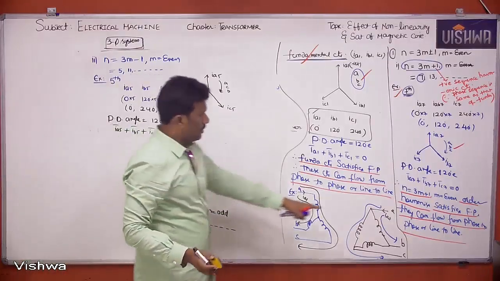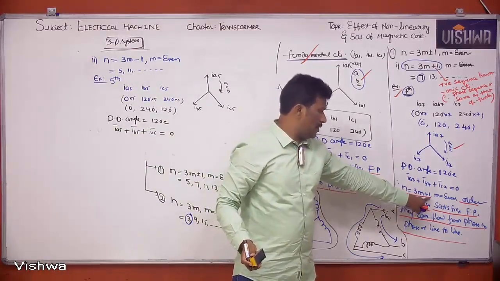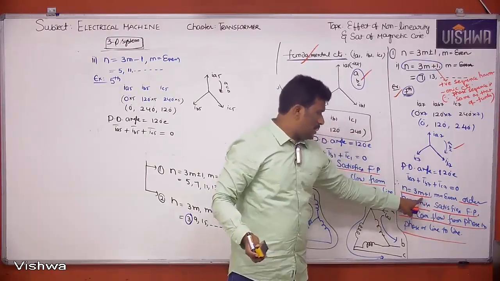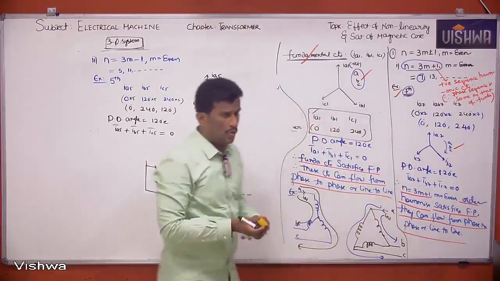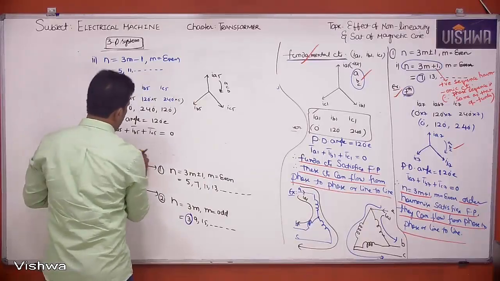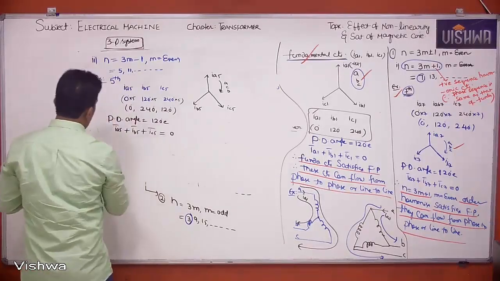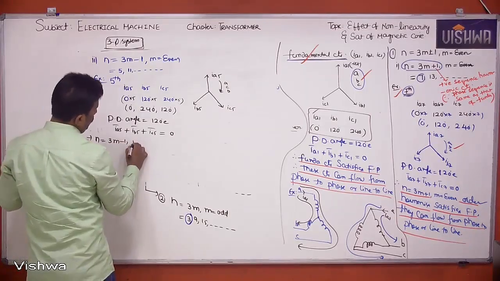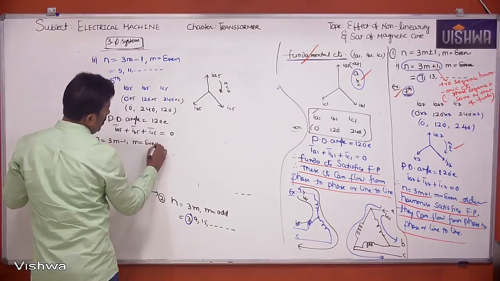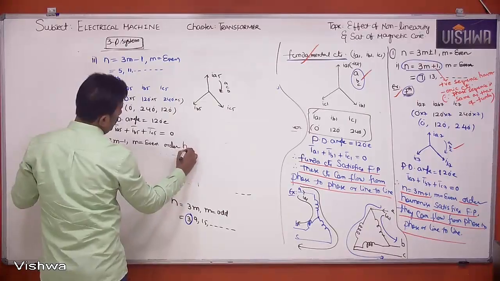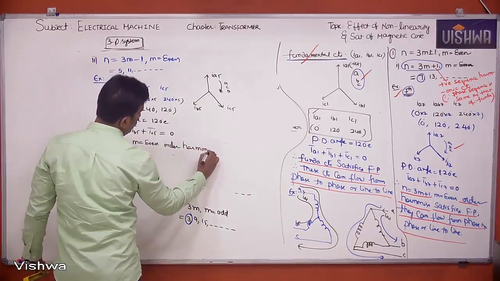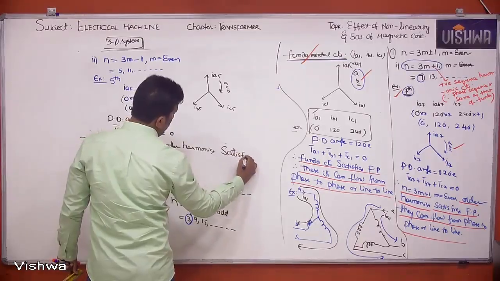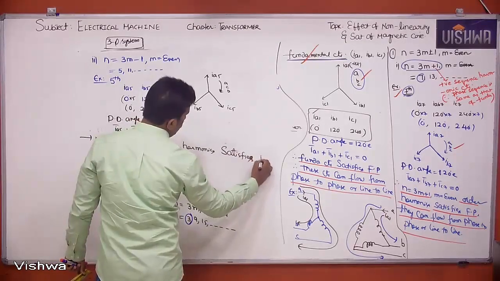So the statement I wrote, that n equal to 3m plus 1, where m is even, order harmonics satisfy the fundamental property, the same statement I can write for n equal to 3m minus 1 also. Let me write that statement here. n equal to 3m minus 1, where m is even, order harmonics satisfy the fundamental property.